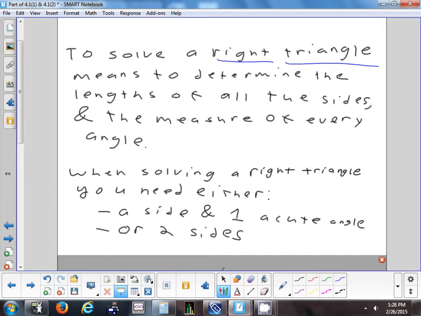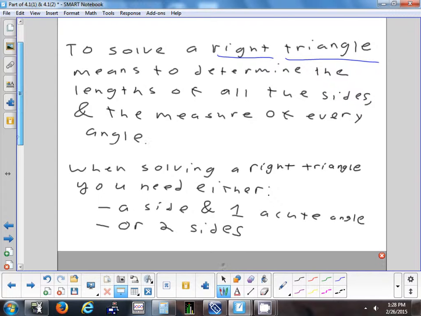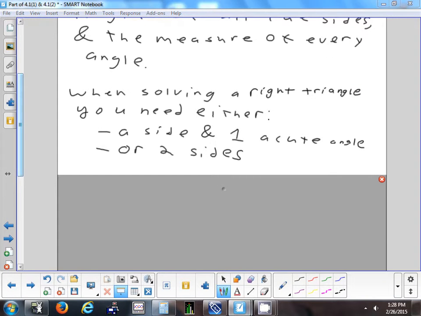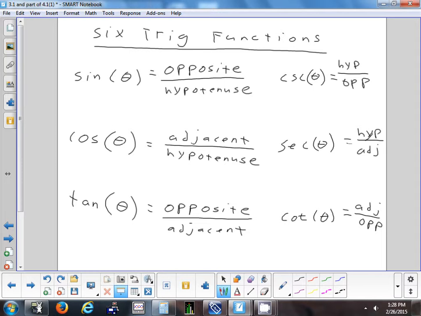What's a fact that we know about all the angles in a triangle? They all add up to 180, so we can keep that in mind. And what's another fact that we know about the sides in a triangle? Right, the Pythagorean Theorem. So keep that in mind too. And now we're finally going to use these definitions.